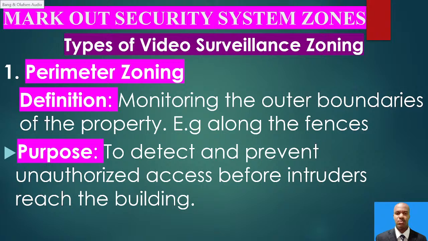You may have intruders who want to force themselves inside the given premises, and the reason why you need this video surveillance, that is the perimeter zoning, is to detect and prevent unauthorized access of intruders reaching your building area or your building's premises or any other premise of interest where security is required.